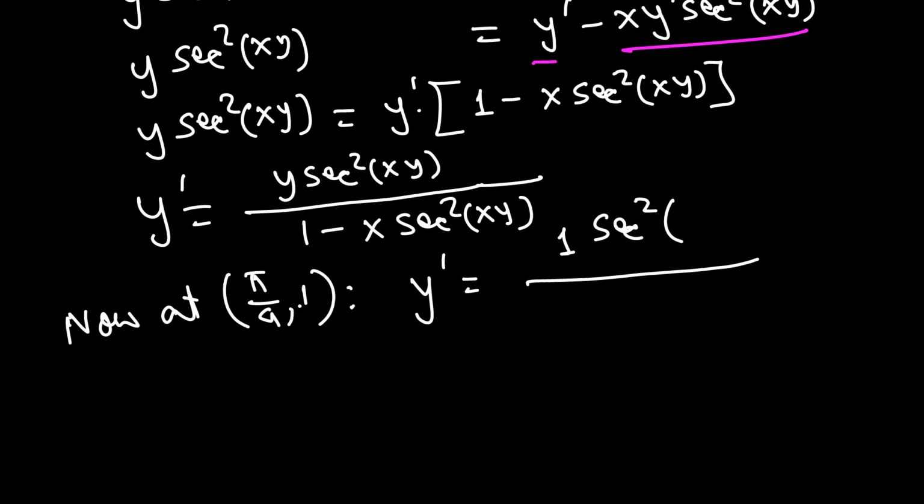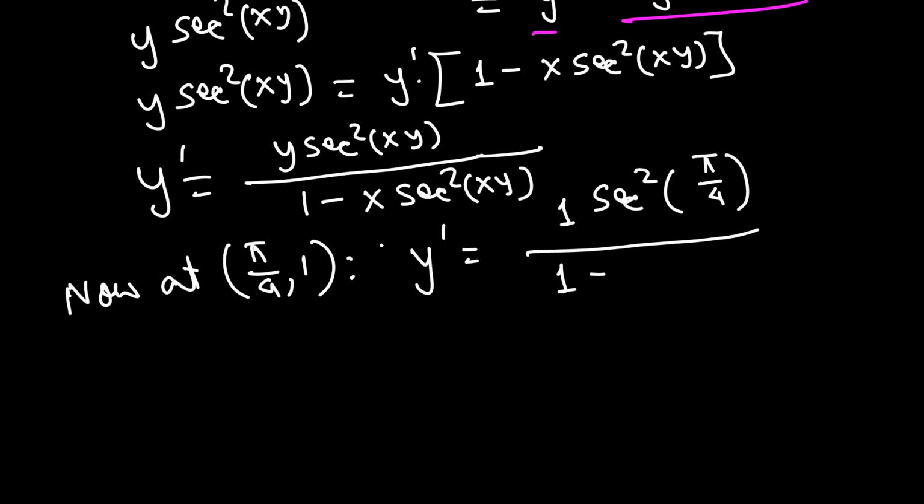X is pi over 4 times 1, pi over 4, all over 1 minus x, x is pi over 4, times secant square xy, pi over 4 times 1, pi over 4.